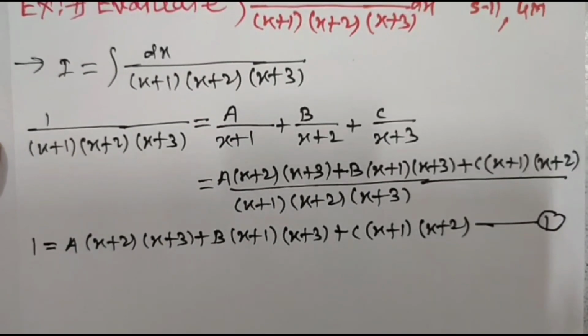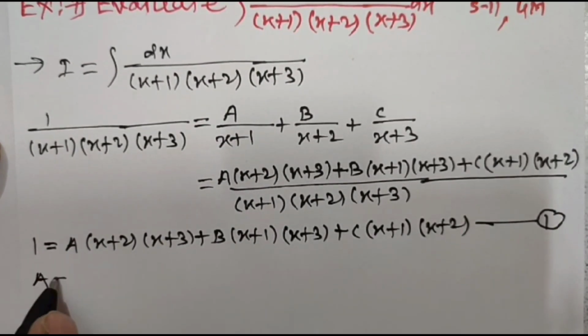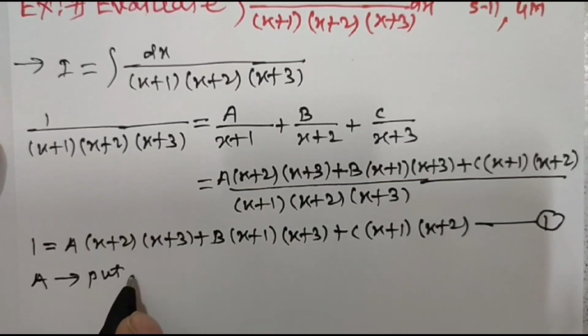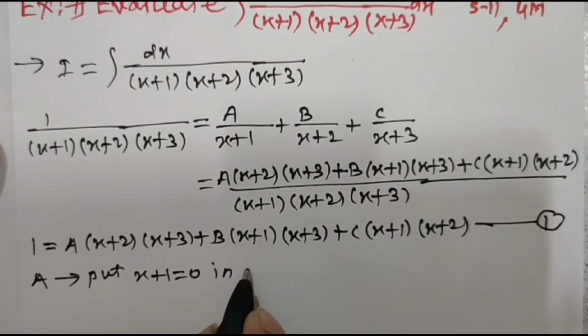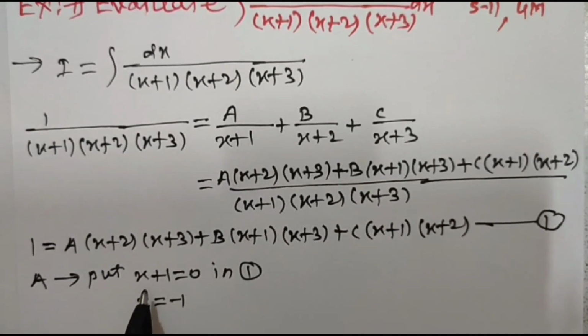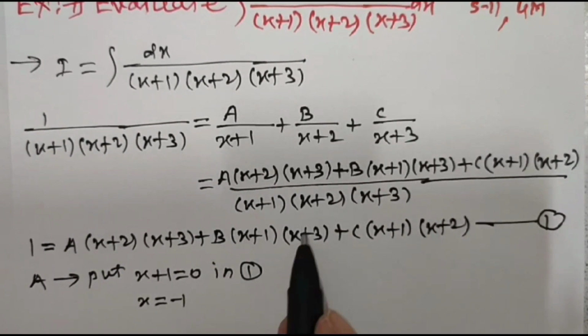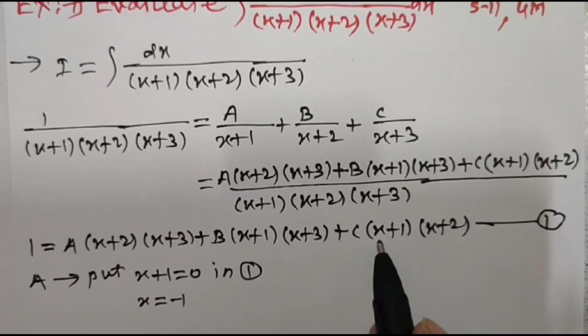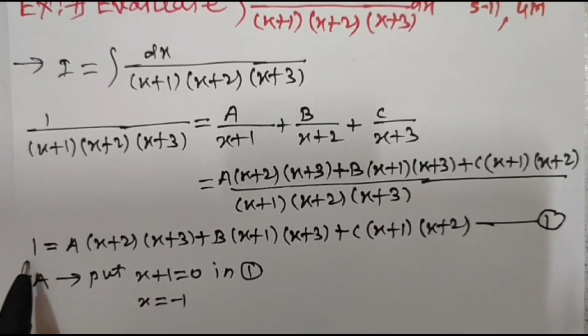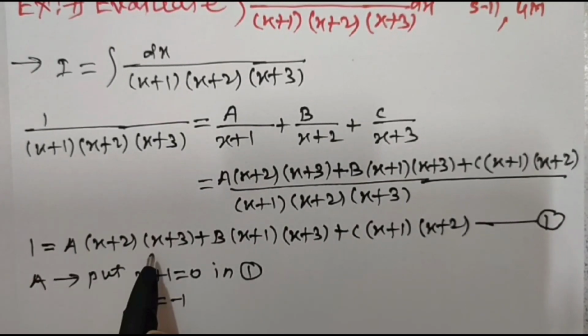To find the value of A, by the usual method, equate the denominator of A to 0 and put it in equation 1. Put x+1 = 0 in equation 1, which means x = -1. If we substitute x+1 = 0 on the right-hand side, both the second and third terms become 0, and only the first term remains.